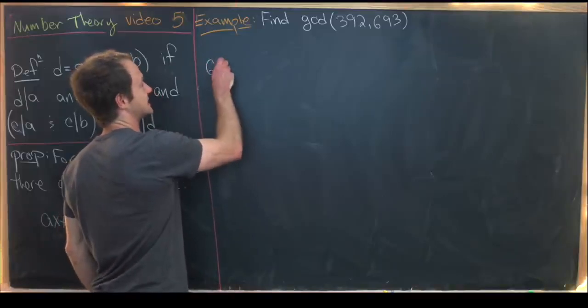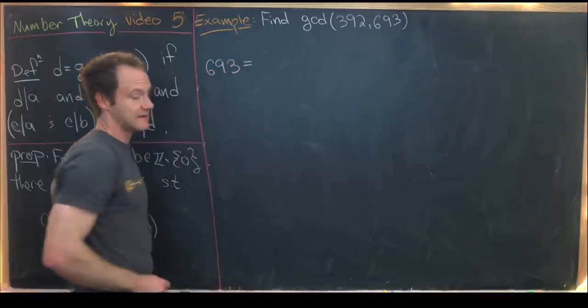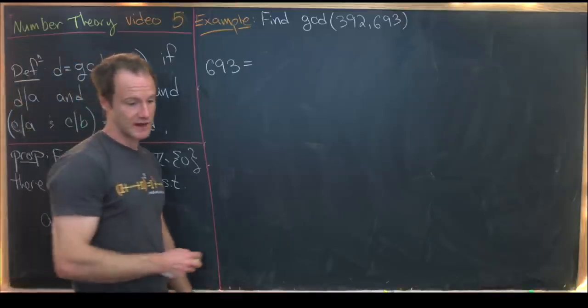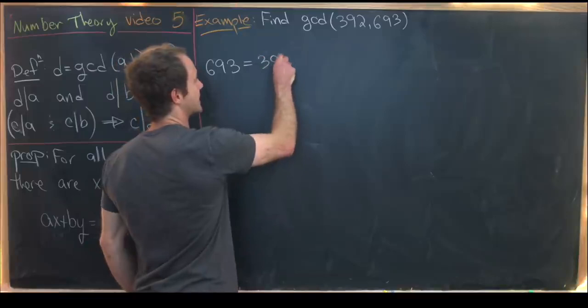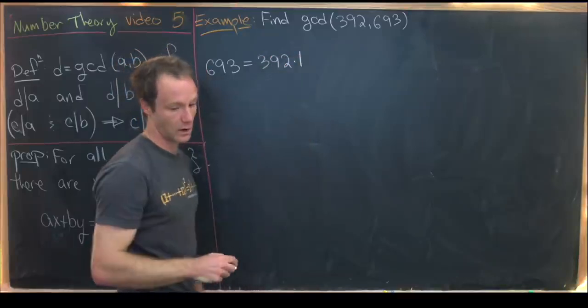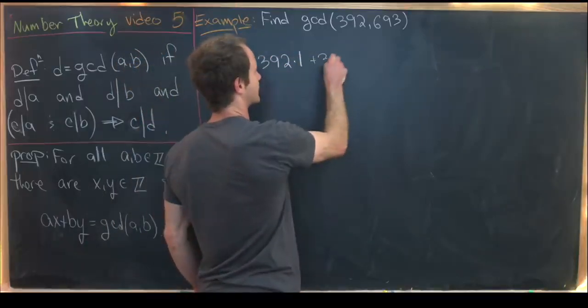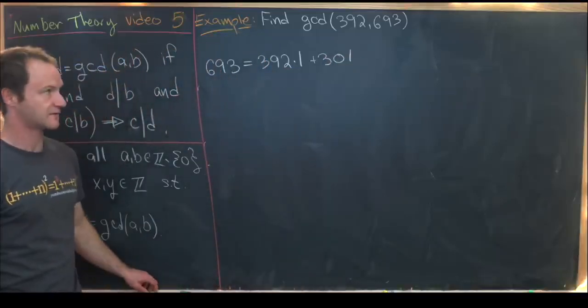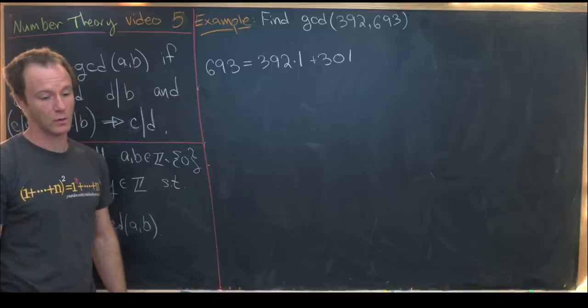We need to take 693 and divide it by 392, keeping the quotient and remainder in mind. So this is 392 times 1 plus 301. So our first quotient is 1 and our first remainder is 301.